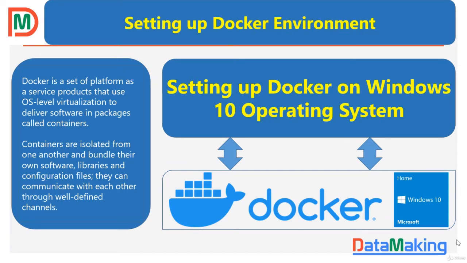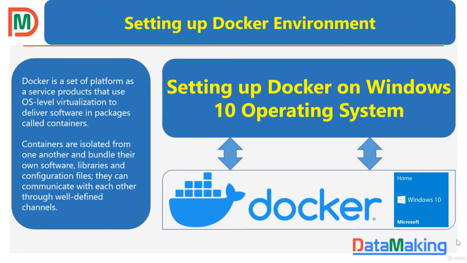Instead of having one environment with multiple applications and different version compatibility issues, we can maintain different containers for different applications, each with its own versions of software. That's what Docker gives. It bundles a lot of software with its own libraries and configuration files, and the different containers can talk to each other. All these features are provided in Docker.